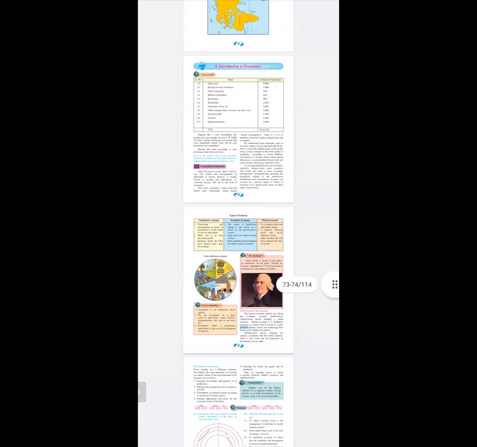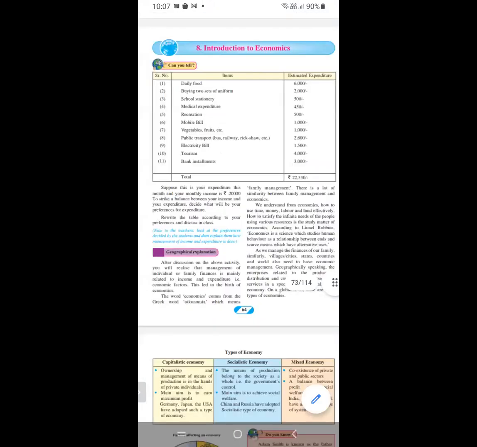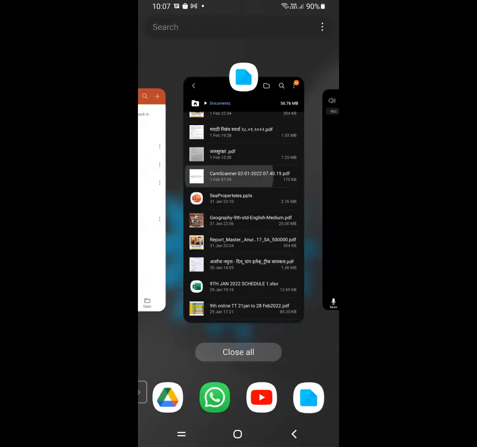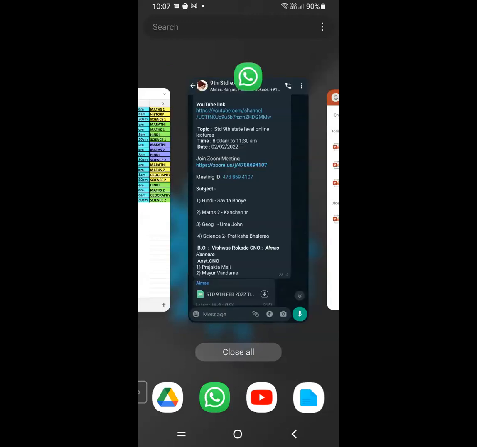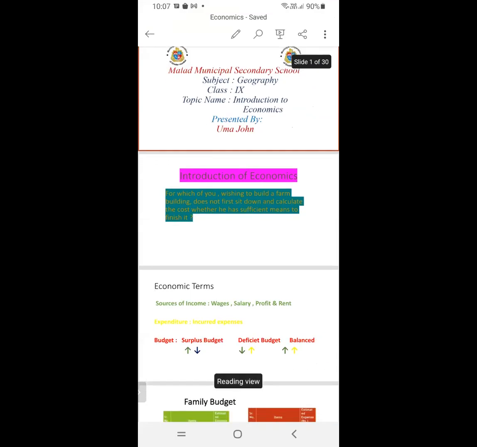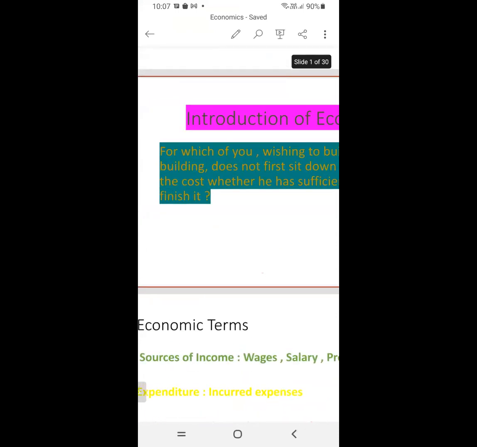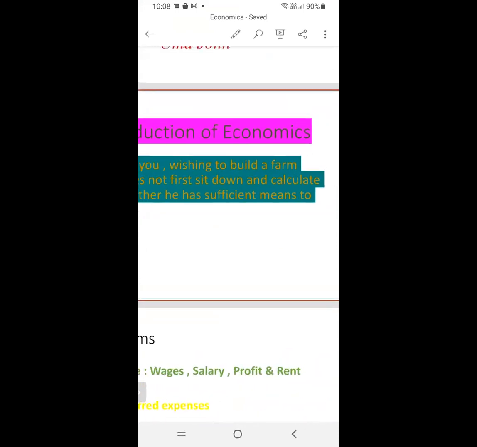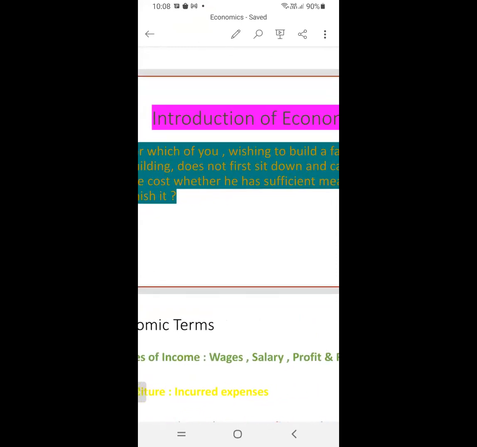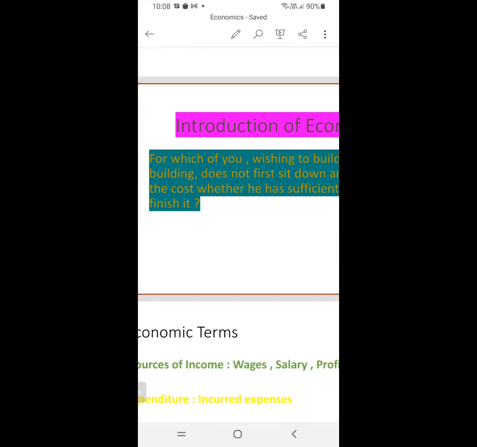Yes, now you can see the introduction of economics. For any one of you wishing to build a farm, before that what we have to do is first sit down and calculate the cost, whether he has sufficient means to finish it.